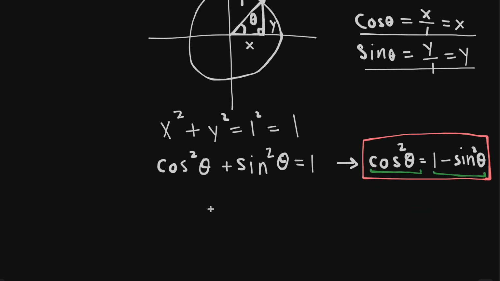There's two more, and the other two are essentially the same identity, just rearranged. So let me get that one for you. If you take this identity and divide both sides by cosine squared of theta, you will get another identity. Cosine squared over cosine squared is just 1. And sine squared over cosine squared is tangent squared.